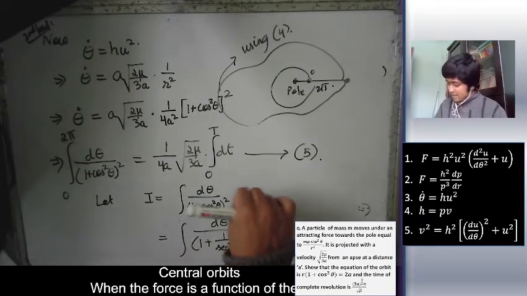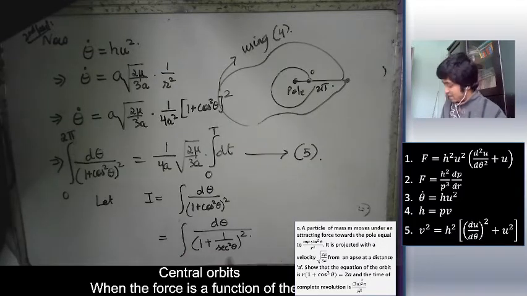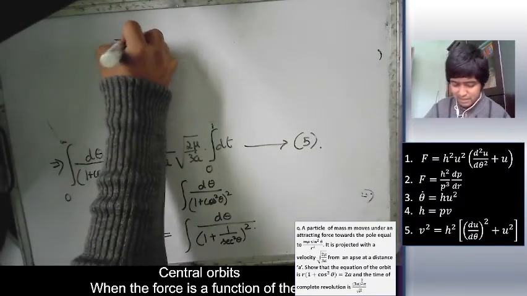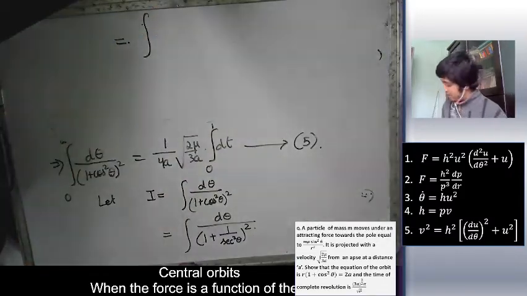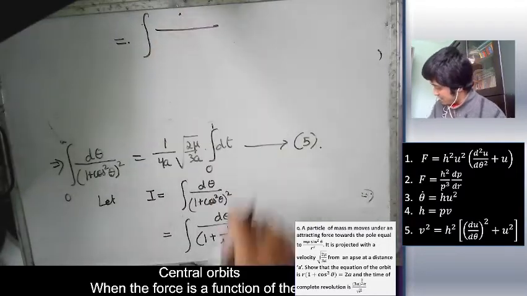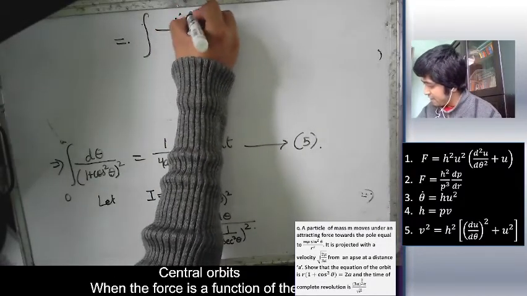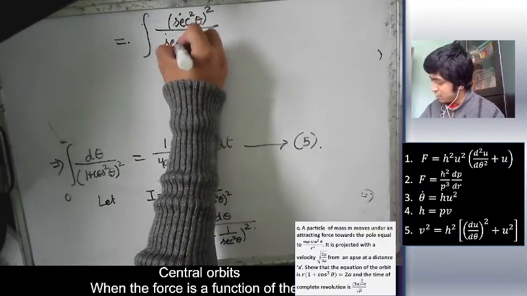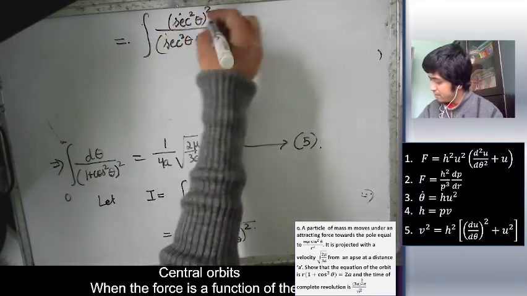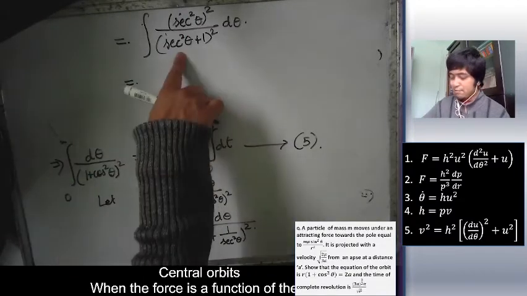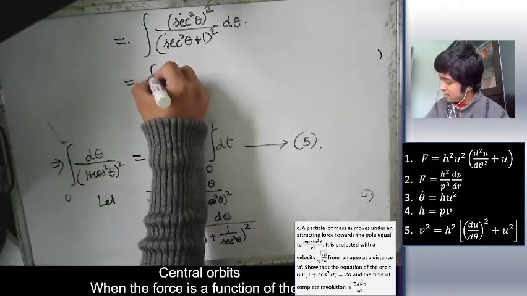Since this is an easy step, I've actually calculated it. I will just copy everything from the sheet that I've written, so it won't change. So this one will become integral d theta sec square theta plus 1, and over here sec square will go up, so you'll be having sec square theta whole thing square, 1 plus sec square theta plus 1 whole thing square d theta, but sec square theta is equal to 1 plus tan square, so that is what I will write.